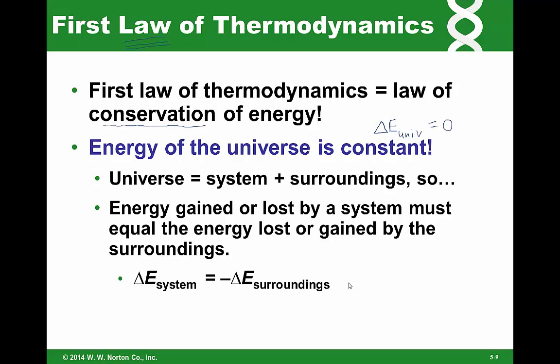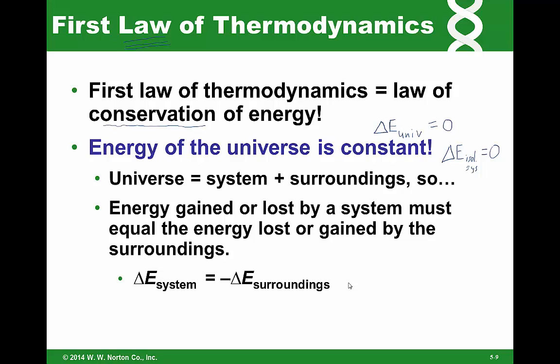We could also say that the internal energy change of any isolated system is also equal to 0. So delta E universe equals 0. There's no net energy change in the universe. Energy is not created or destroyed in our universe.